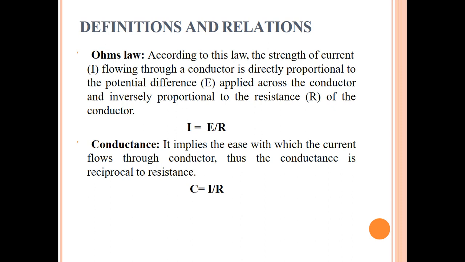We can see here that the conductance is actually reciprocal to the resistance, because conductance is the ease with which the current flows through the conductor, whereas the resistance is actually the power of resistance caused by the material to stop the movement or flow of the current through the conductor. So we can say that the conductance is reciprocal to the resistance. So C is equal to 1 over R.